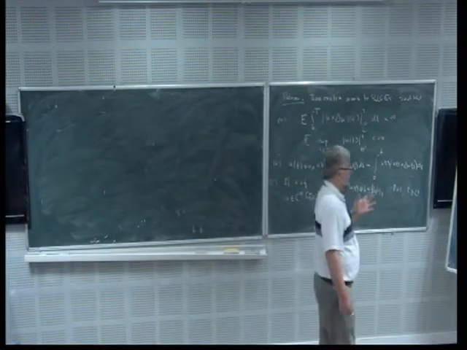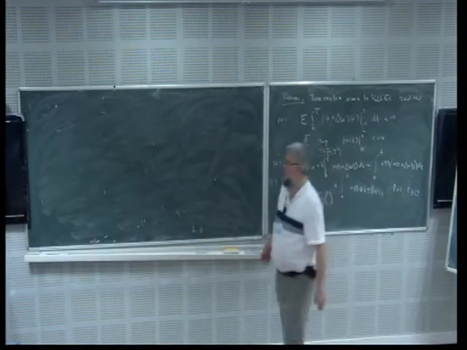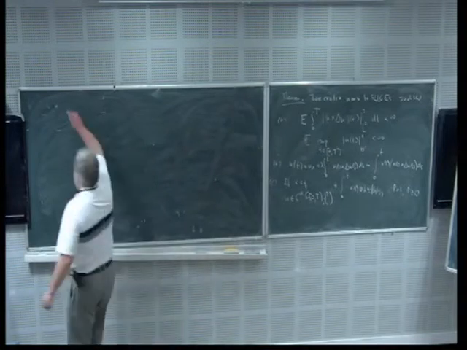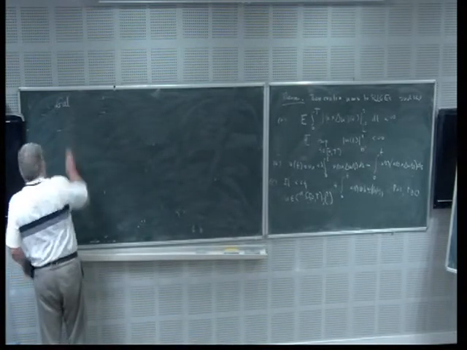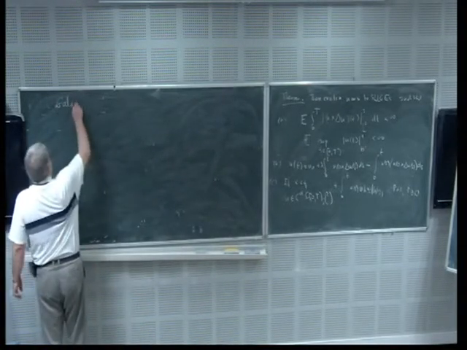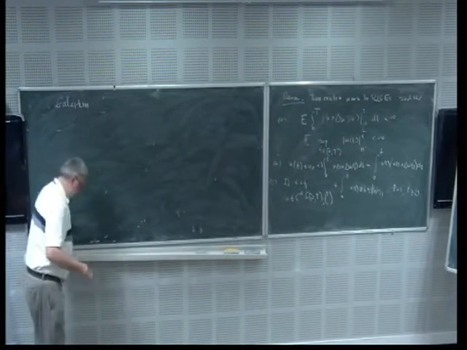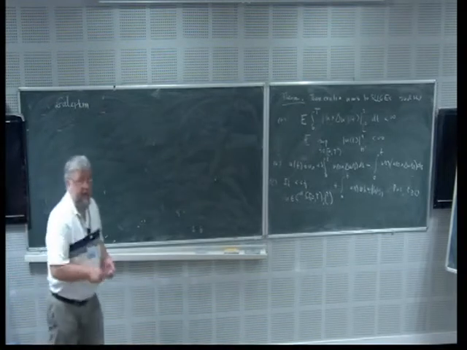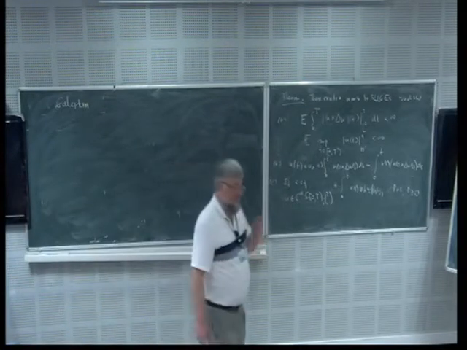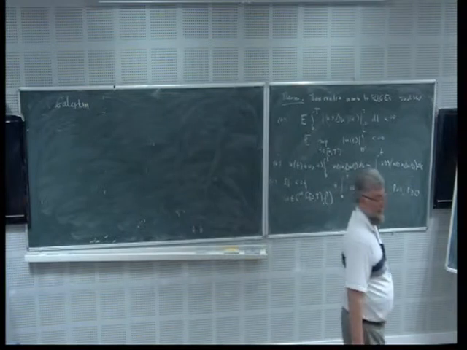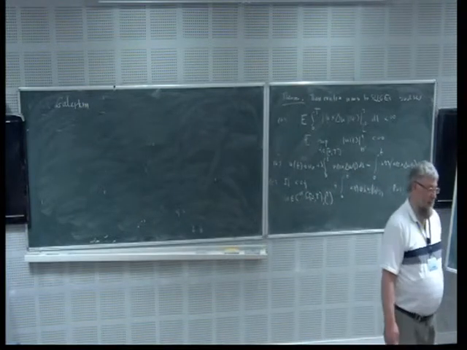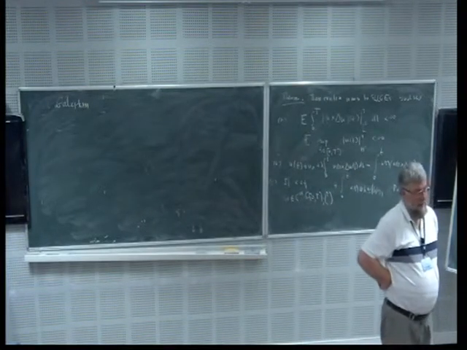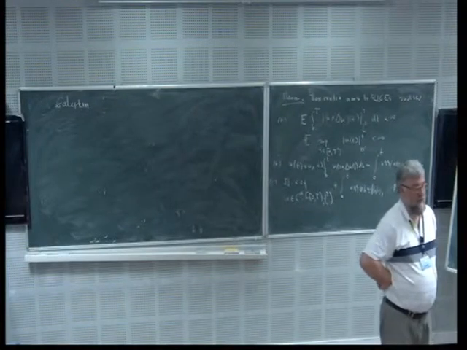So when we want to have Galerkin approximation, we need to choose a sequence of vectors e_n. So how would you choose this sequence of vectors e_n in this case? Is there any natural way of choosing them?